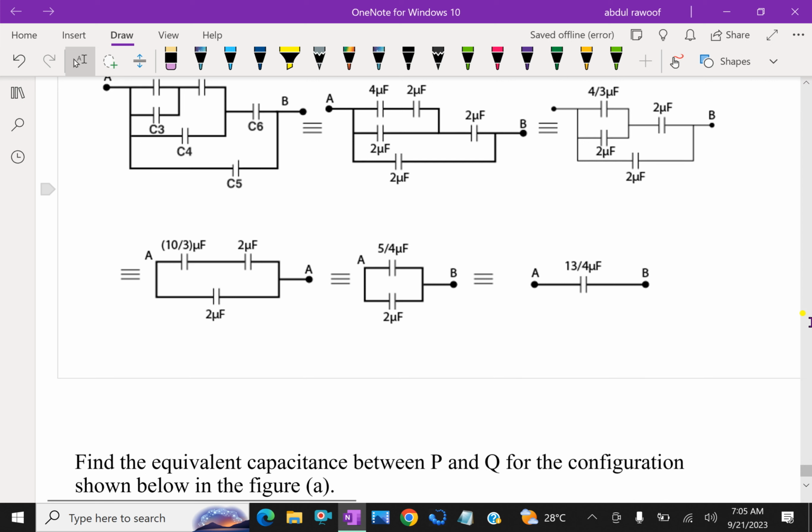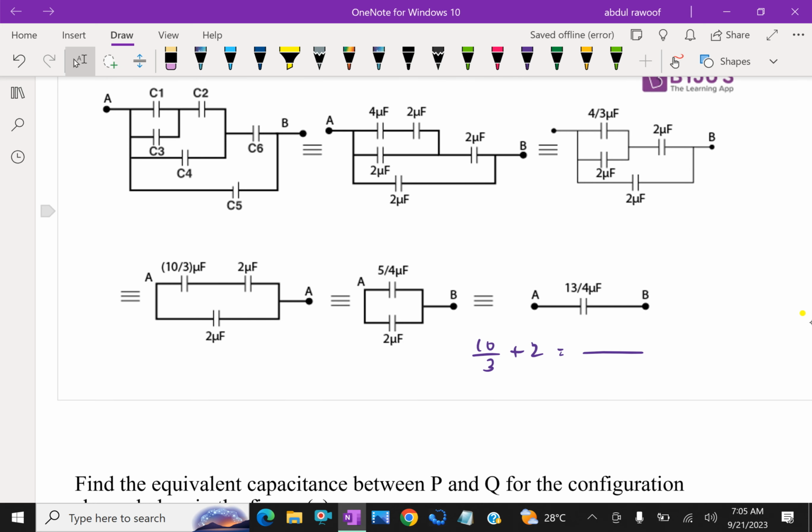We'll check first, or at least one will check. 10 by 3 plus 2 is 16 by 3, but the effective is not here 10 by 3.